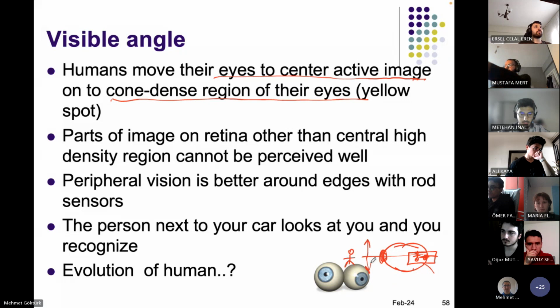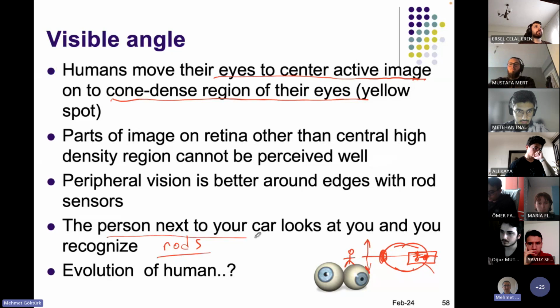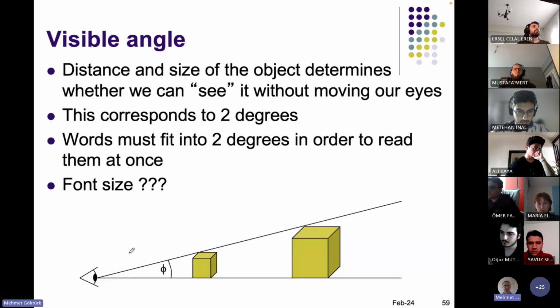Therefore, we rotate our eyes. With the rods, the person next to your car looks at you and you recognize because of the rod cells, not the cone cells. And how good we see? The magic number is 2 degrees.